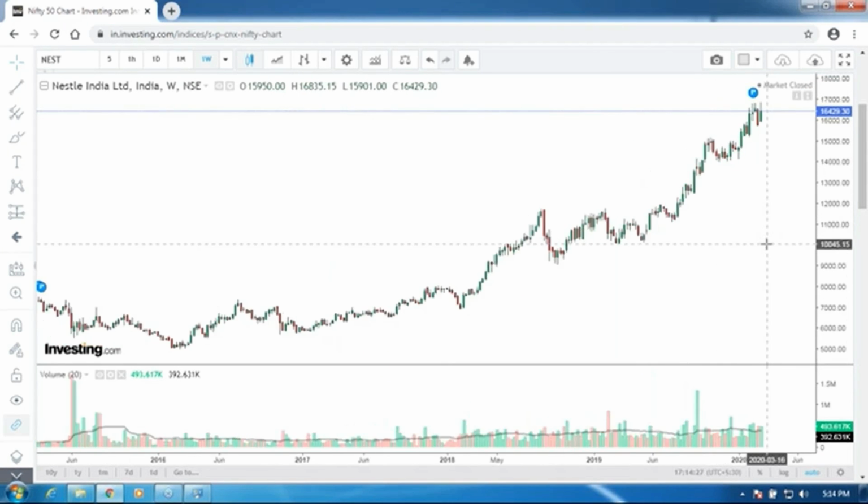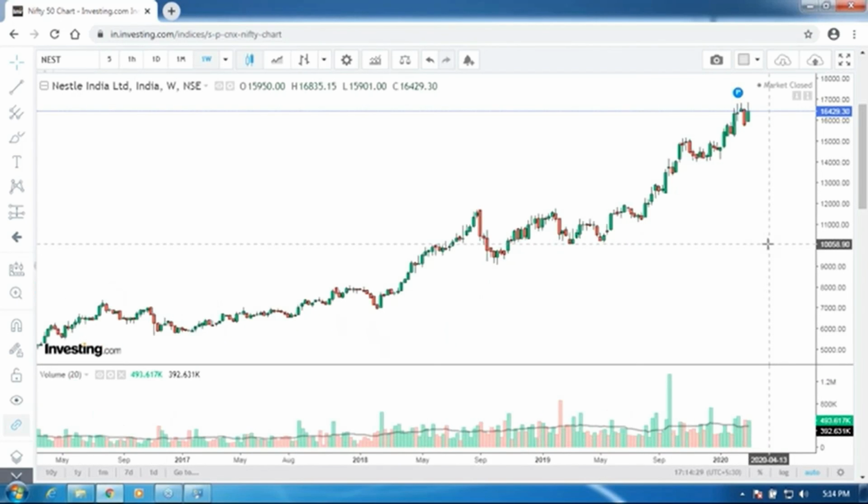Is it going up, going down, or is it stalling? If, as in this case, it's going up, you can't buy a stock that's already gone up. It's too late now to get into Nestle. If you buy now, your stop losses would be very low. That is, you'd have to work with a probable decline of 20-30%, which is very difficult for most traders. So you can't really buy now because of the risk reward.